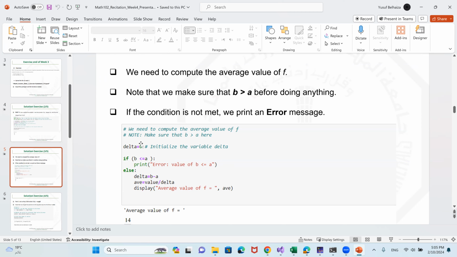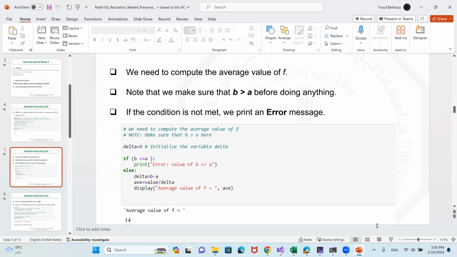So in the coding part, let's define delta to be equal to 0. This in fact initializes the variable delta. And if b is less than or equal to a, that's a condition, we will print the error message, error: value of b is less than a. Else we'll compute the value of delta, which is b minus a, and we'll compute the average value, which is the value we got from the previous slide, 28 over 3, divided by delta, and we'll display it.